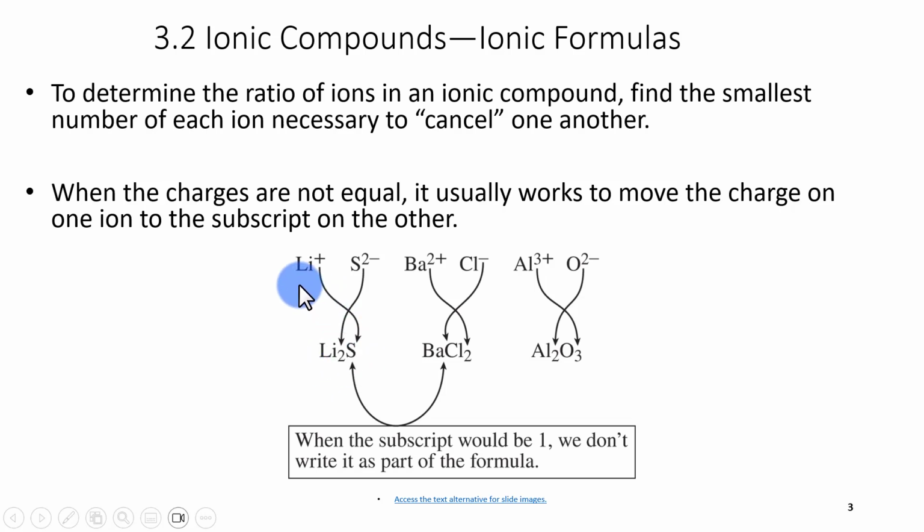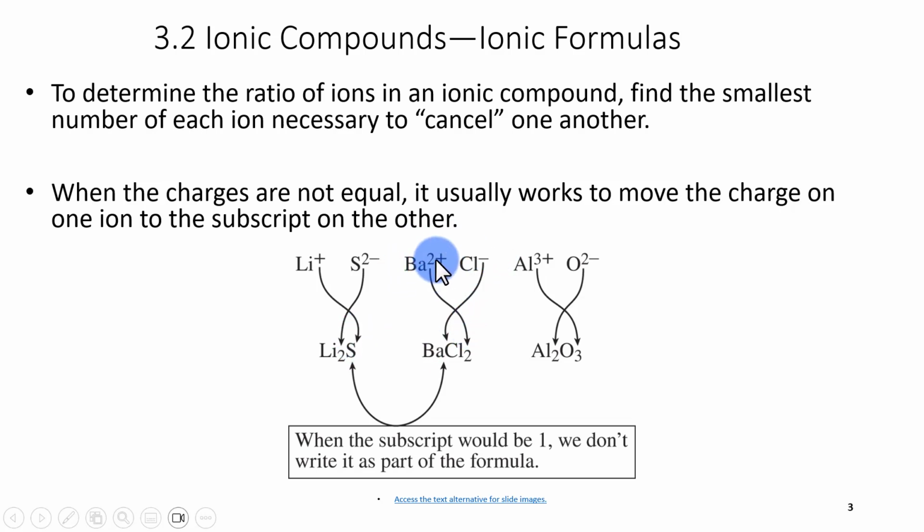So the formula for the ionic compound that is formed from the lithium ion and the sulfide ion is Li2S, because I need 2 lithium ions for every 1 sulfur, because lithium is a +1 and sulfur is a 2-.